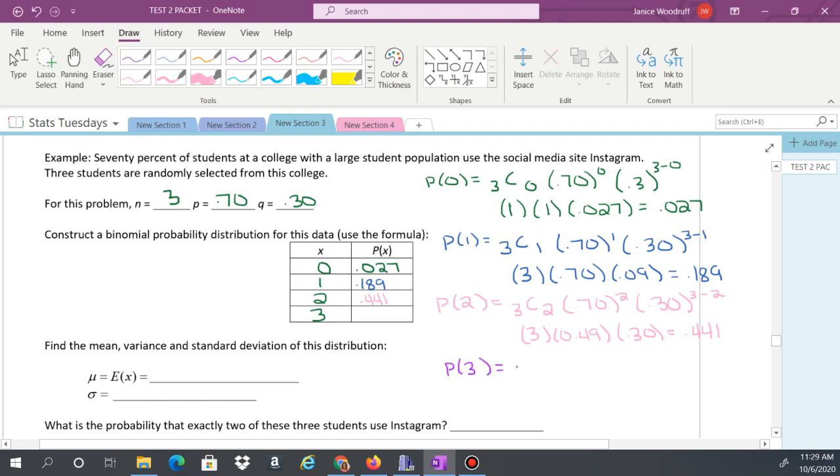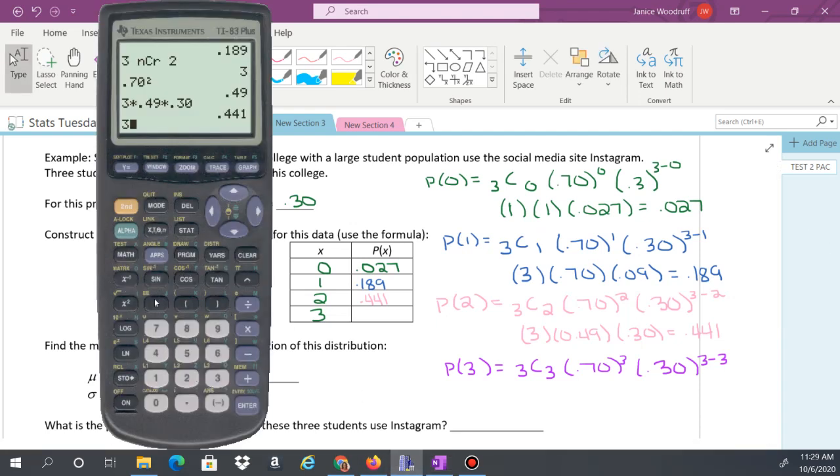Okay, so this is going to be 3C3, 0.70 to the third, and then 0.30 to the 3 minus 3. All right, so 3C3, there we go, should be, I think, 1.